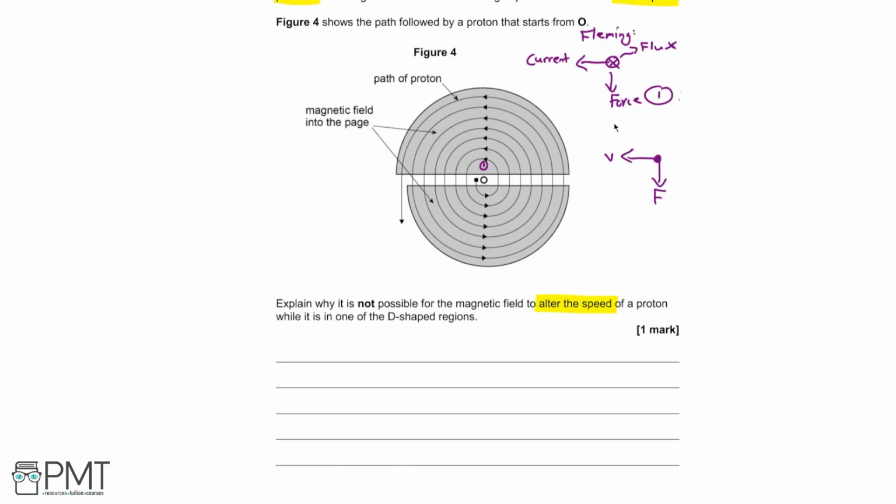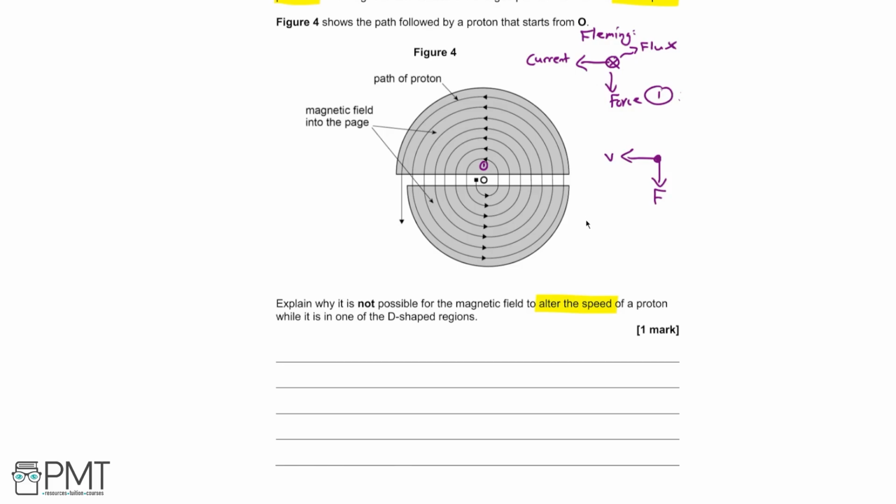If we had an electron, the current would be going in the opposite direction since the charge of the electron is negative. Anyway, what we see is that the force is at right angles to the velocity. In fact, from Fleming's left-hand rule, the force is always at right angles to the current. Therefore, because the force is always at right angles to the velocity, the force is never acting in the direction of motion of the proton.